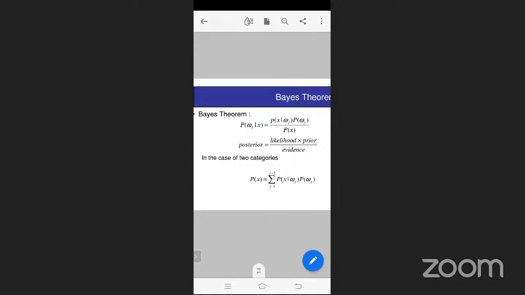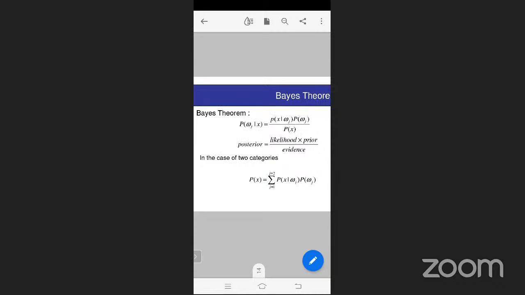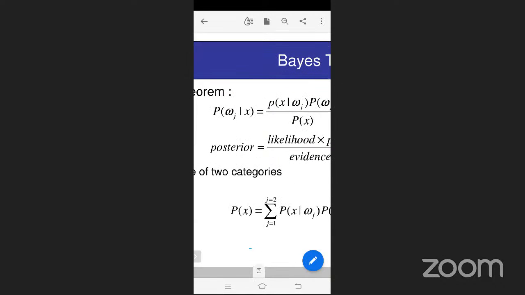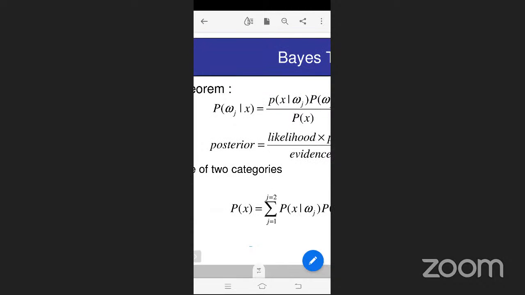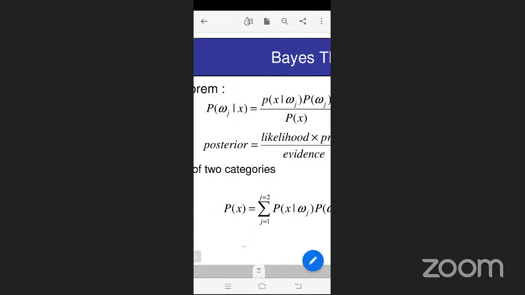So there's a prior term and this class conditional density. If you pick a value of the class conditional density for a given x, that is called the likelihood. So likelihood into prior will give you the posterior probability.